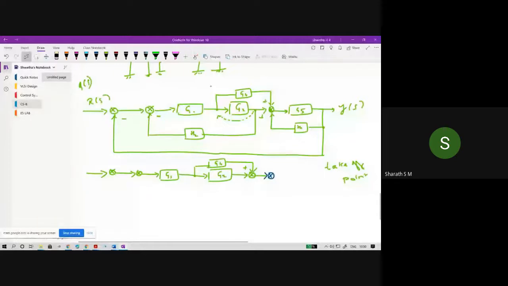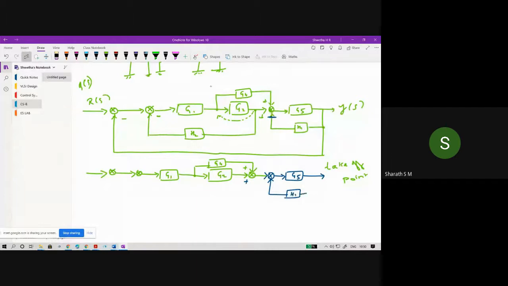This single summation point, I'm going to split into two summation points. Here we have a G5. For the first summation point, both are positive feedback only, so here we have a positive symbol, and here also a positive symbol.